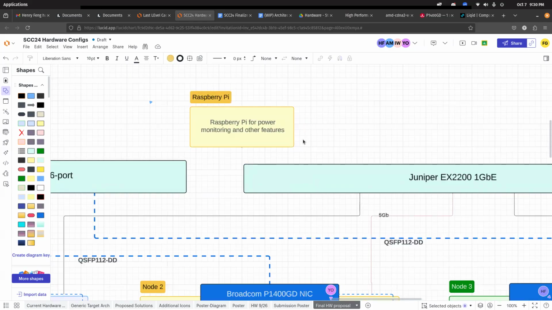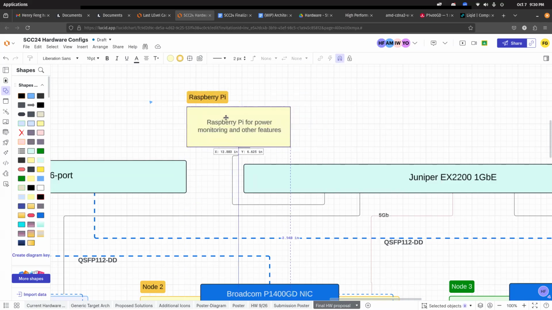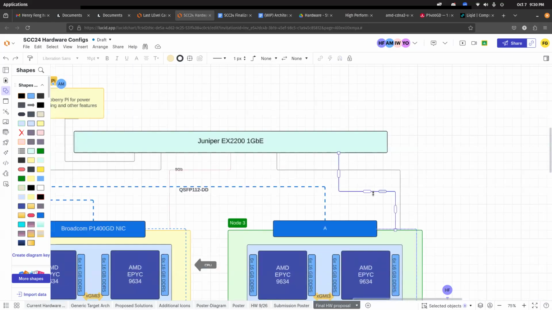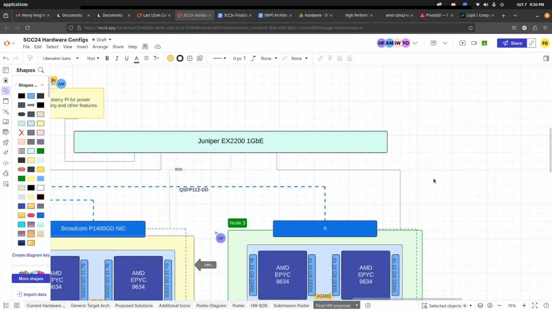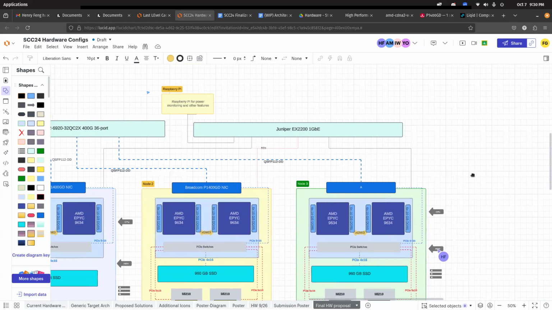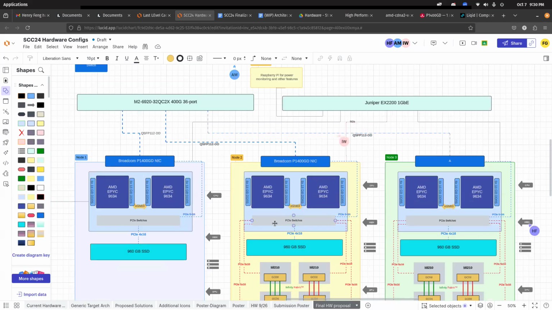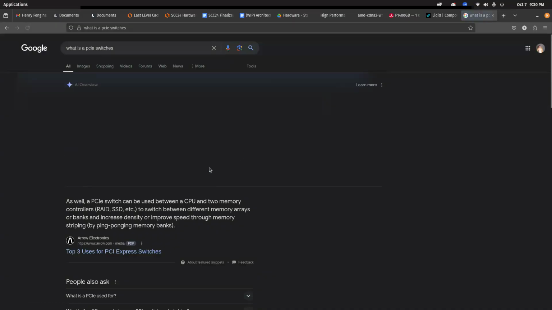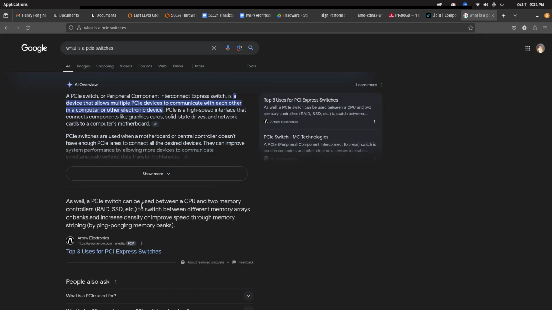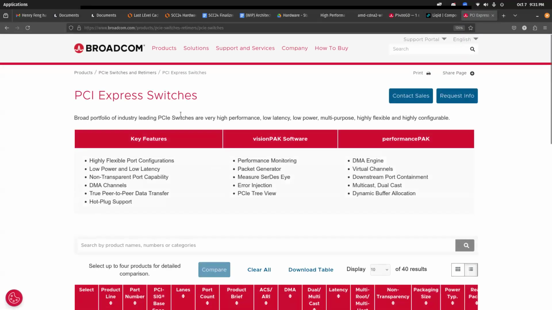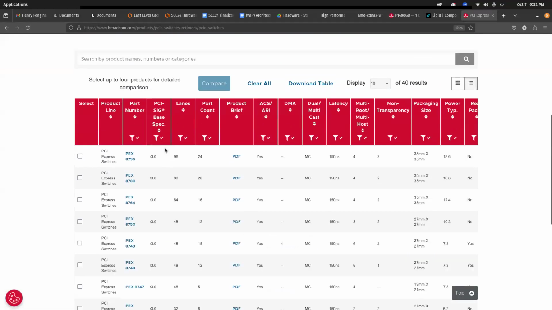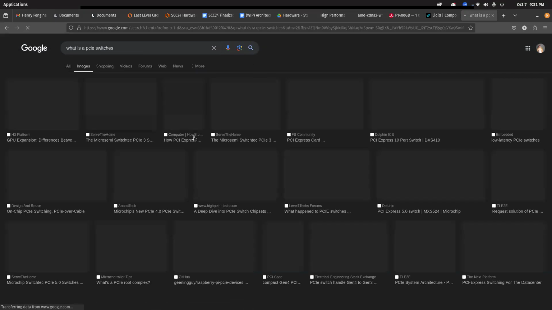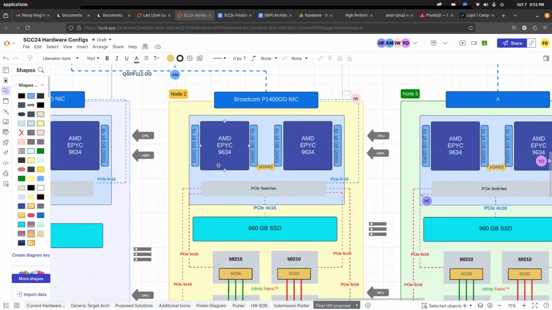But it's more convenient to just copy the whole thing. Wait, do we have SSD on the compute nodes? Do we have what? SSD storage. Yeah, we're going to have some SSD storage.